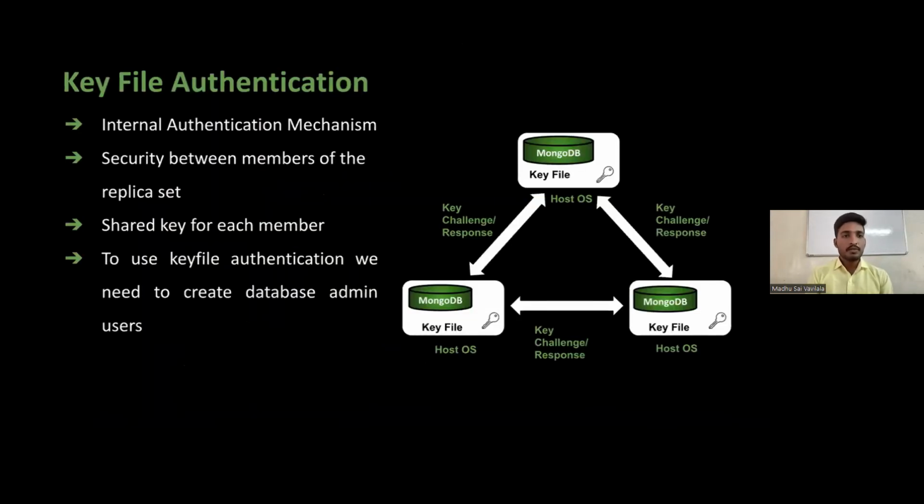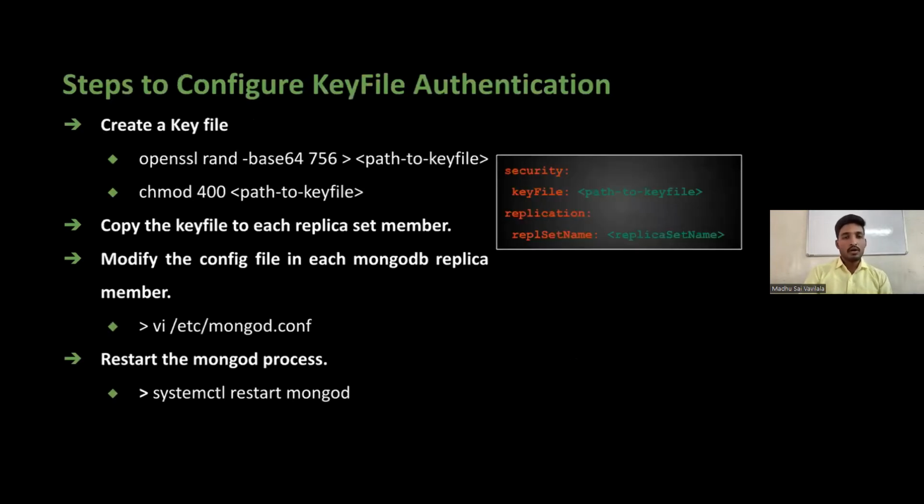Key file authentication mechanism. It is an internal authentication mechanism. Just as an organization maintains a uniform between its members to recognize them, a key is shared between each member in the replica set. To use key file authentication, we need to create one user in the admin database.